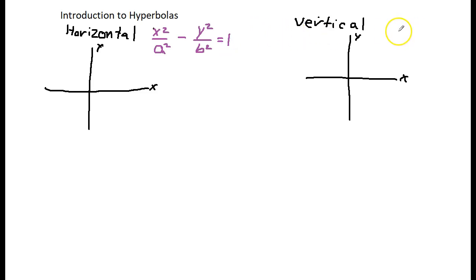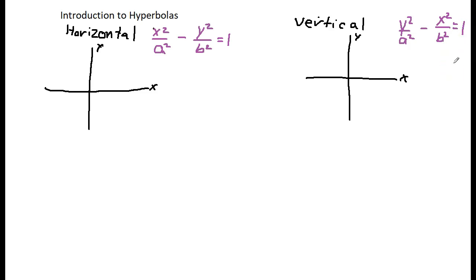And then the equation for a vertical hyperbola is y squared over a squared minus x squared over b squared equals 1.